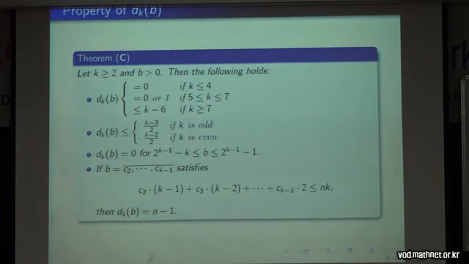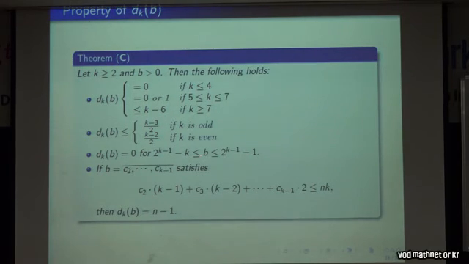The second property can be applied for the case where B is some big number. If k is sufficiently big, then this property is more useful than the first property because it is k minus something divided by 2.